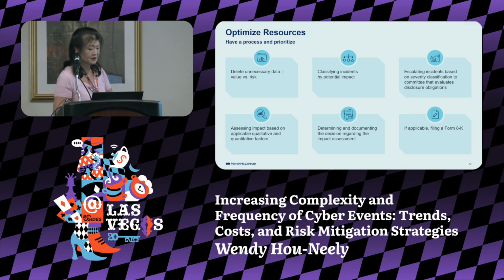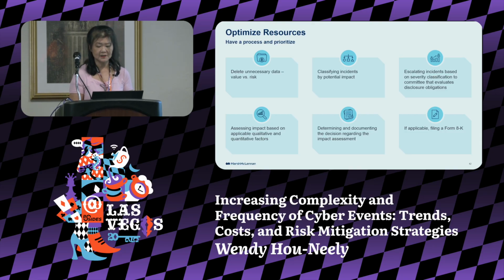Optimize your resources. Delete your unnecessary data; weigh the value of the data versus the risk of keeping that data. You should make conscious decisions. Assess the impact based on well-defined rules set ahead of time, and classify your incidents by impact.